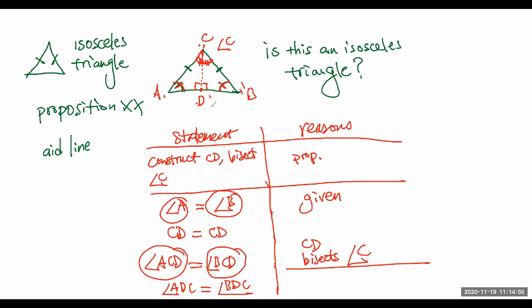So why do we say ADC is congruent to BDC? And they're also right angles.